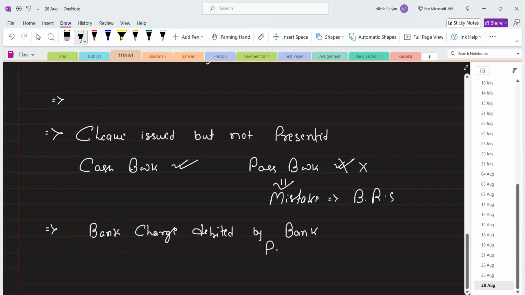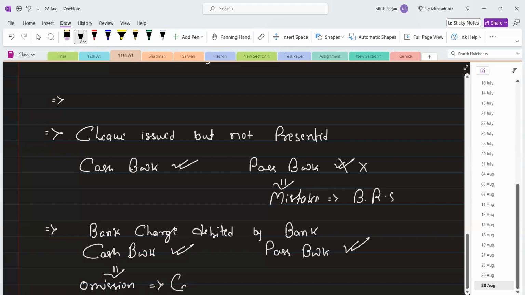It is recorded in passbook, but not in cash book. So you can say it is an omission of cash book. So that's why it will go in cash book. Understood? That's why I have given you two examples. One which is related to omission or mistake of passbook, and one which is omission or mistake related to cash book. So we have to record it like this.